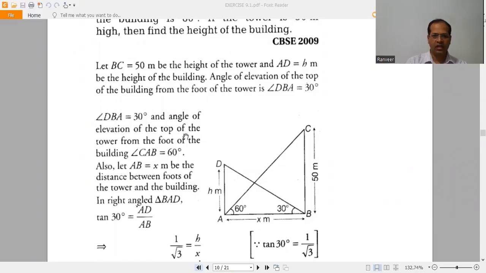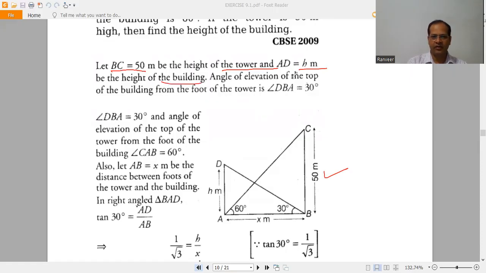Now, in this question, first of all, whatever is given, we have to draw the diagram. BC is equal to 50 meters, which is the height of the tower. AD is equal to h meters, we will take as the height of the building.